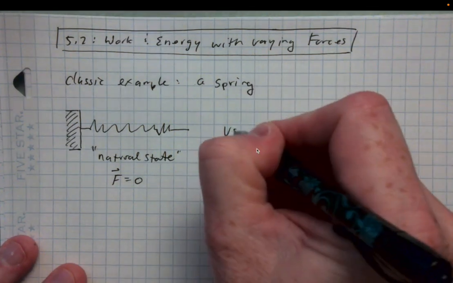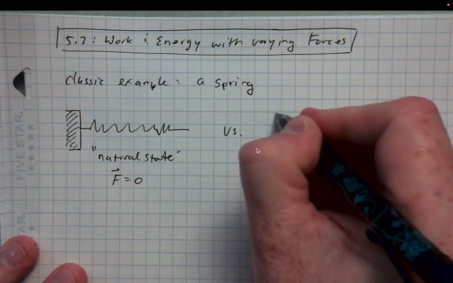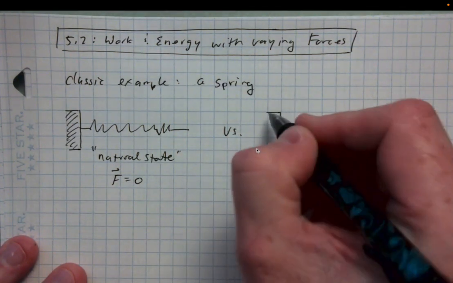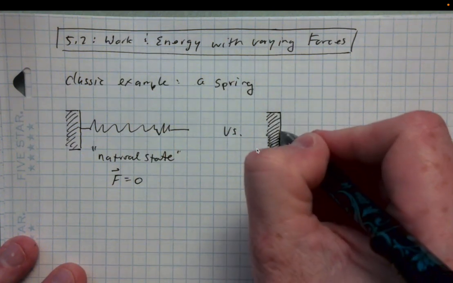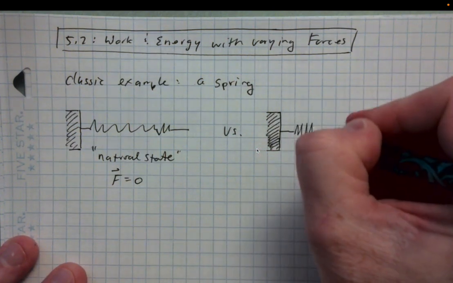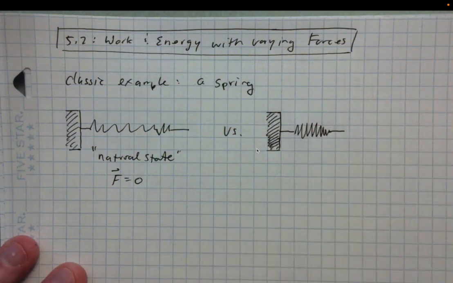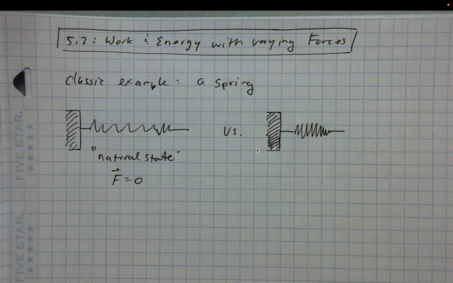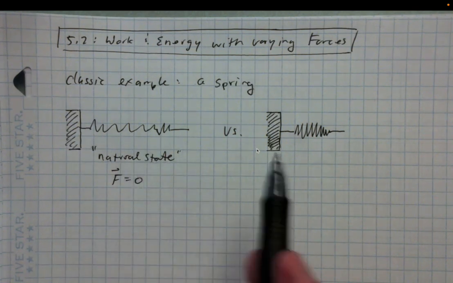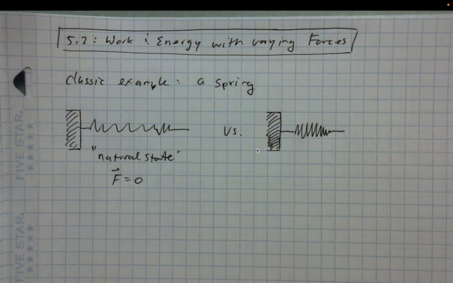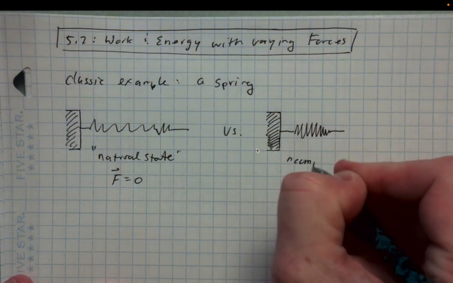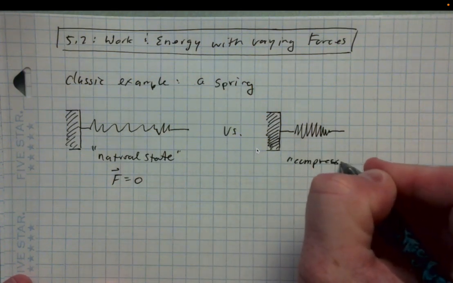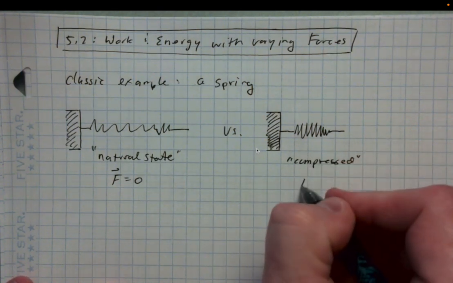Now when a spring is either compressed or stretched, we'll take the case of compression, then it's kind of squeezed down into a smaller length, right? So the natural state has a certain length, and when we compress the spring, it gets shorter.